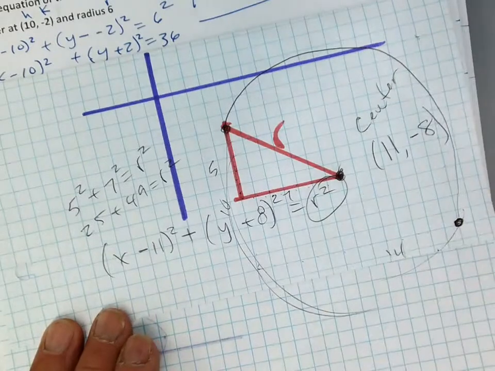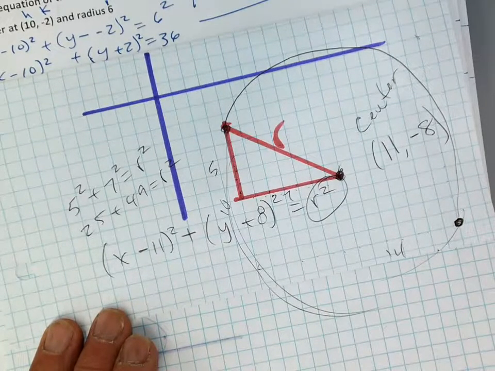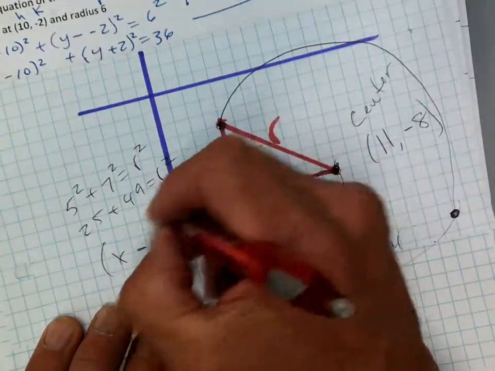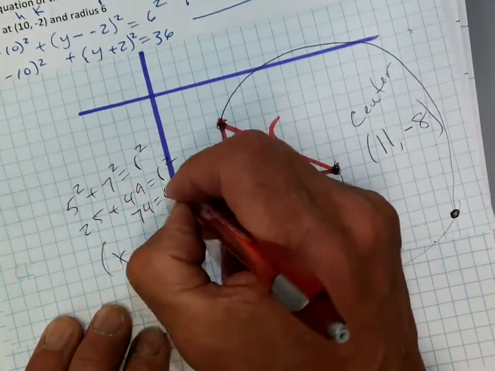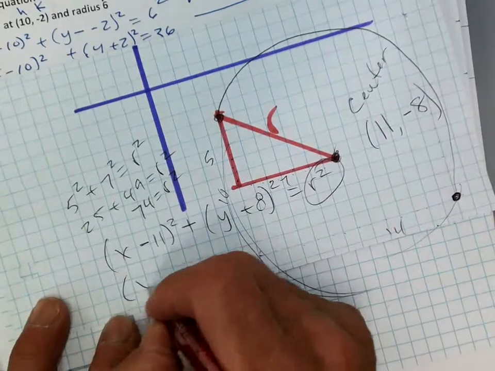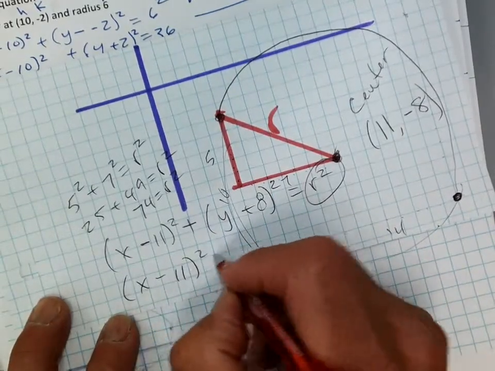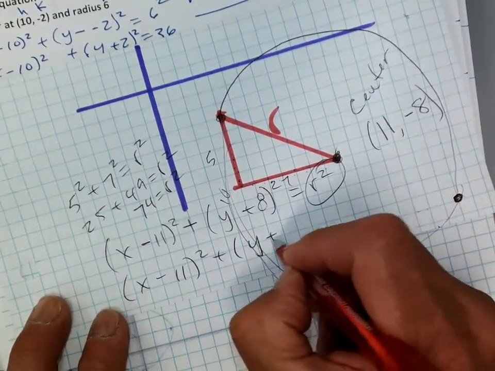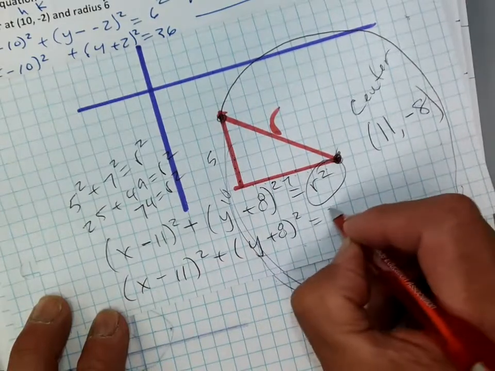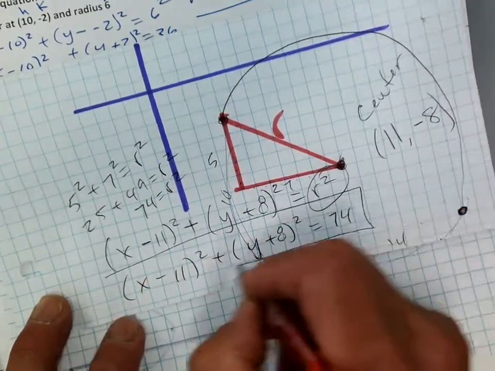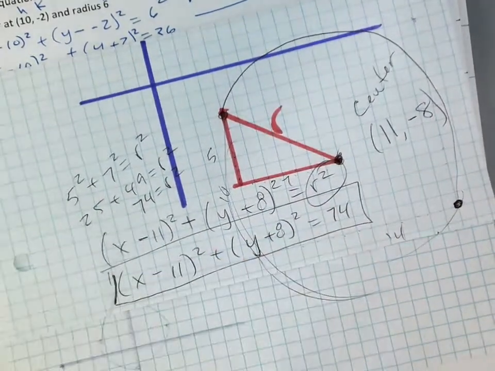And yeah, it's 74. So r squared is 74. So here's my answer. x minus 11 squared plus y plus 8 squared equals 74. Boom. There it is.